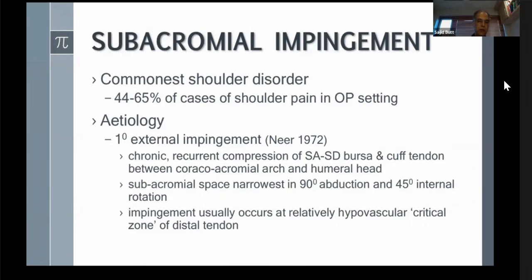If you abduct your shoulder 90 degrees and then 45 degrees internal rotation, that's the movement in which the patients will catch the shoulder and say, oh, it hurts there. Usually it tends to affect the critical zone of the supraspinatus, which is the muscle tendon junction about 2.5 centimeters medial to the attachment of the tendon to the greater tuberosity.